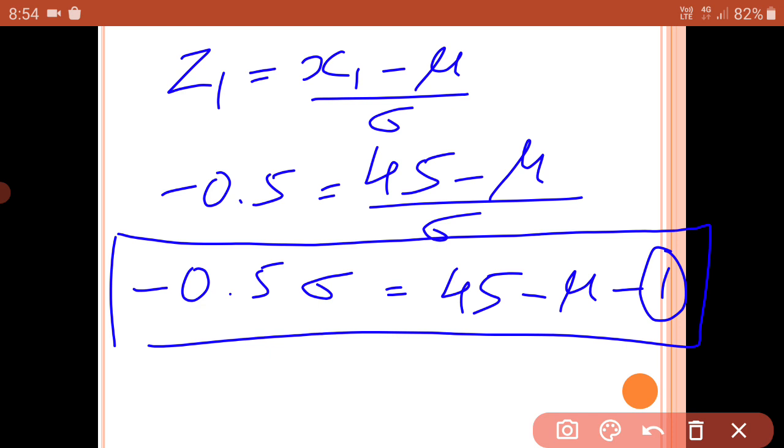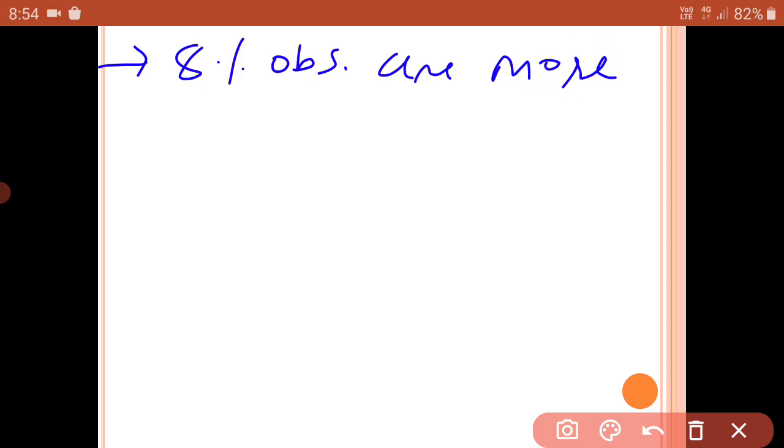Is it clear? After that, we write the second line: 8% of observations are more than 64.